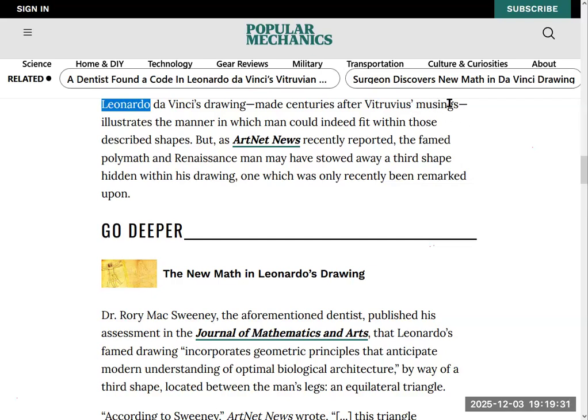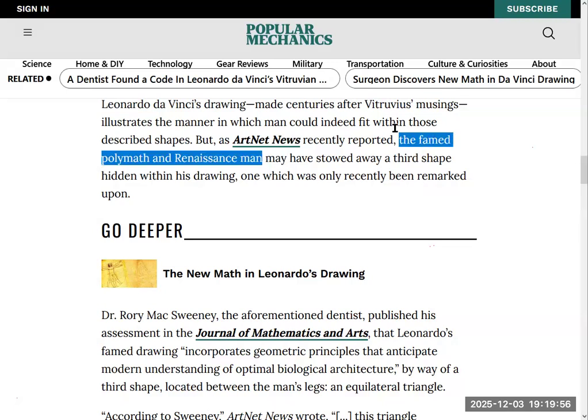So that's musings again. That's his ideas. And then it says ArtNet News has recently reported something that they have discovered, another shape may fit in there. But they talk about the famed polymath and Renaissance man. What does that little bit mean there?